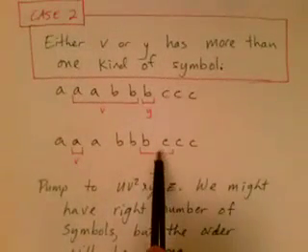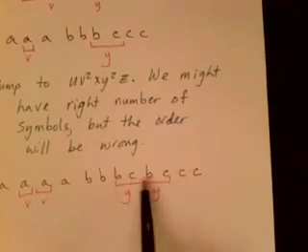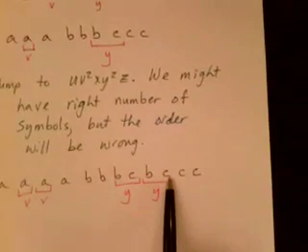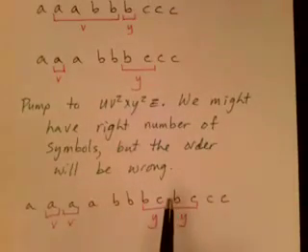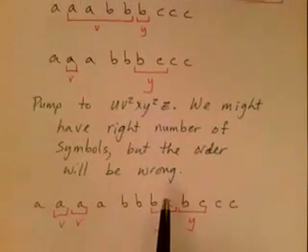In this case, y has a b and a c, and when we double y, we're going to get b, c, b, c. The symbols will not be in order. So no matter how we break that string up, we find that pumping condition 1 is not satisfied.